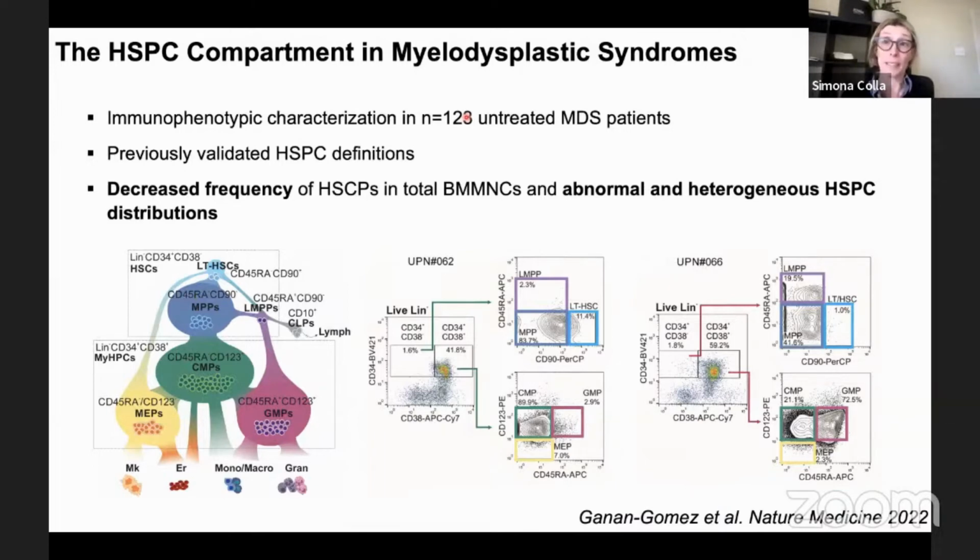This means that the disease can affect platelets, erythrocytes, monocytes, myeloid cells. So if you want to understand something, you need to increase the cohort of samples.